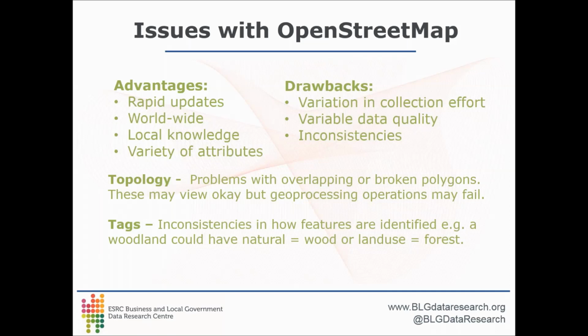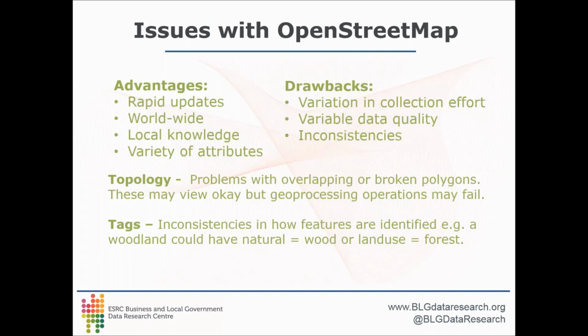So some of these referring to spatial features are in terms of how well the topology, the connectedness of features, is defined. So you may have a polygon feature that actually isn't completely closed, what you'd call a broken polygon, or you may have polygons that overlap so that you have sort of sliver type features and so forth.